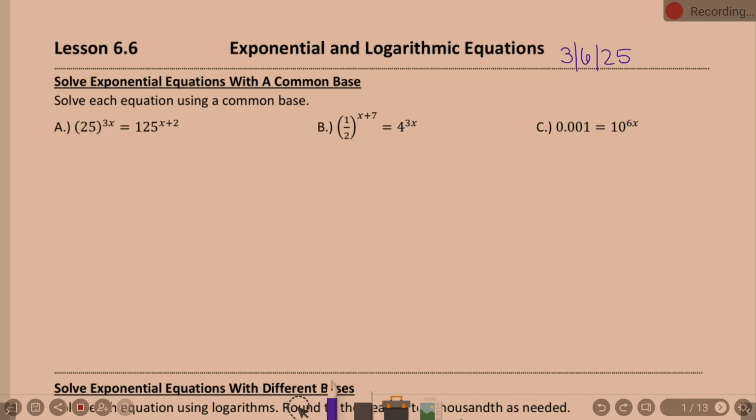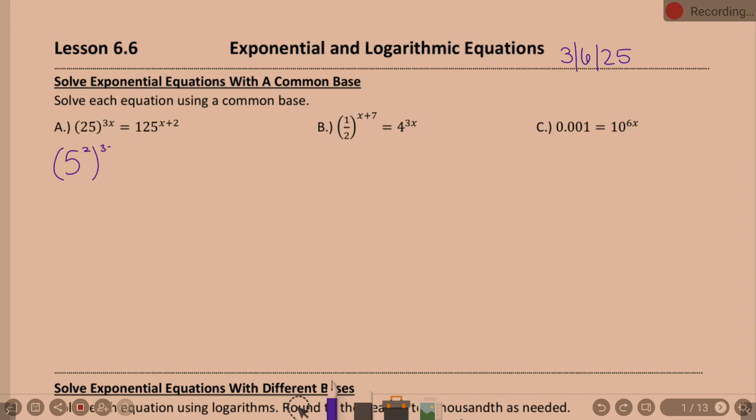If you look on your paper, 25 and 125 both fall in your 5 list, don't they? That's what you want to look for, numbers that fall in the same list. So we're going to rewrite this in terms of the base 5. 25 is 5 to the second, according to the paper.